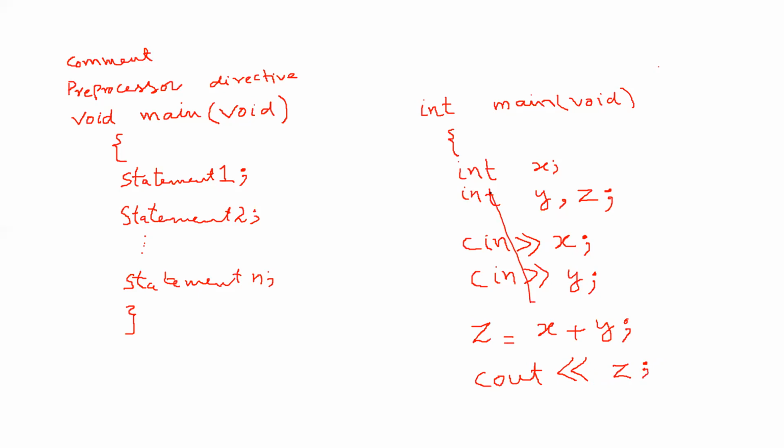And because I used int as a returning data type, I have a return 0 statement here, return 0 and a semicolon with the closing brace. So this is called declaration.